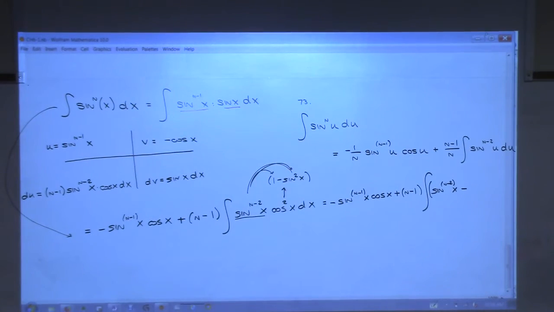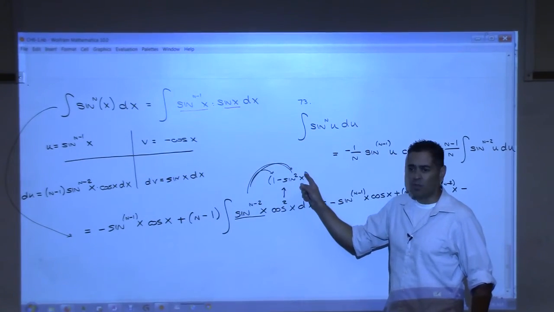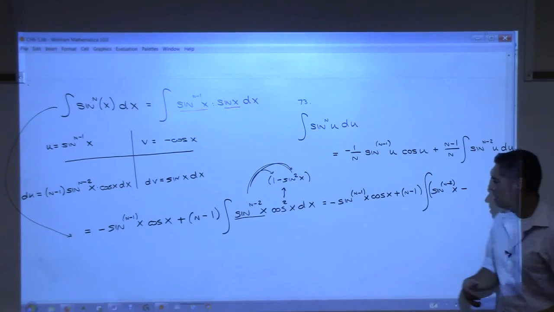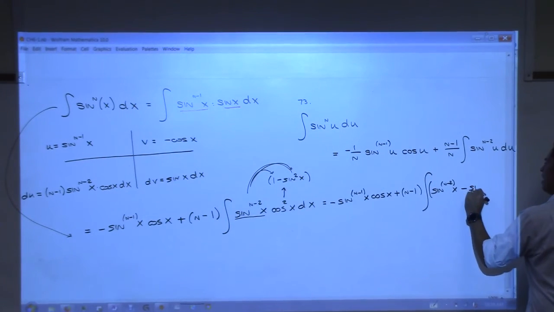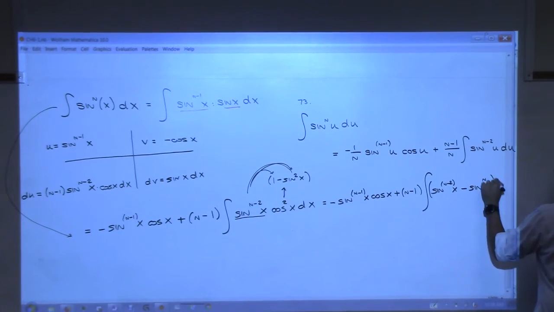N. Sine to the n, because you're doing sine to the n minus 2 times sine squared, so you add the exponents. N minus 2 plus 2 is sine to the n. So this is sine to the n, right, of x. And we're done there, right? dx.